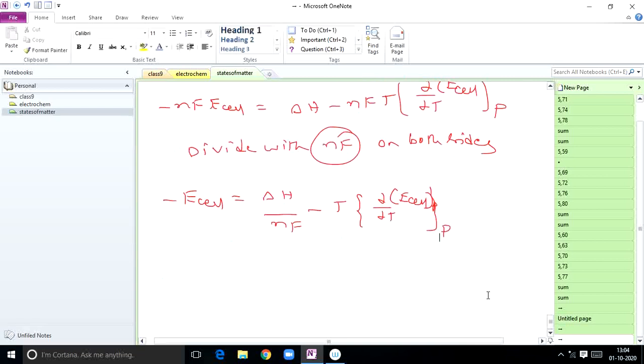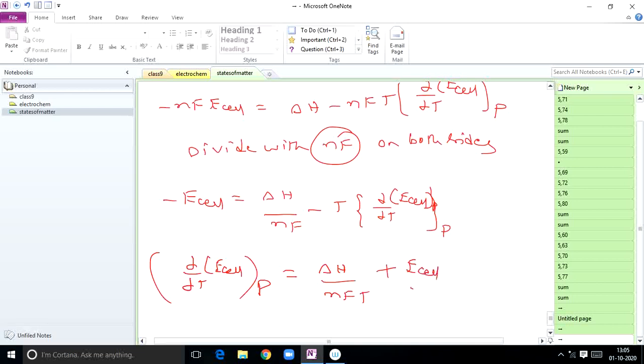So ∂ by ∂T of E cell at constant pressure is equal to E cell by T minus delta H by nFT. This is the third equation. So that is a relation.